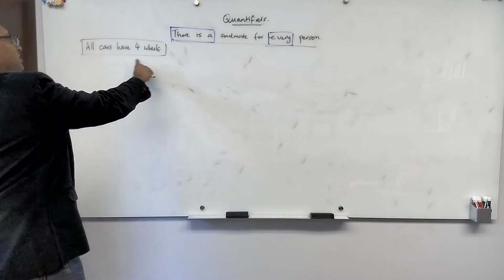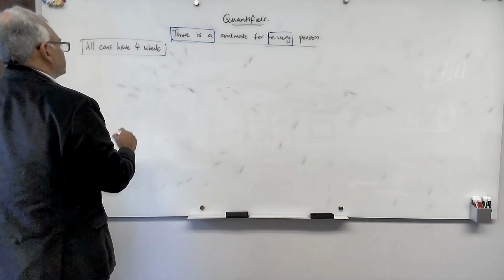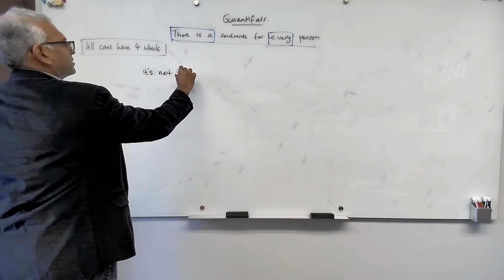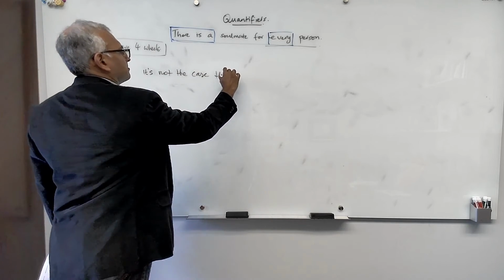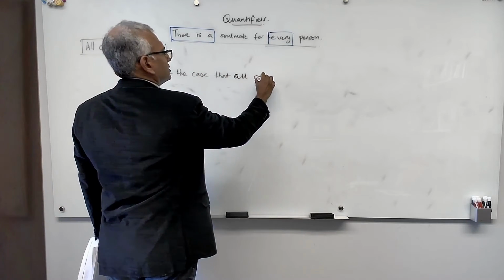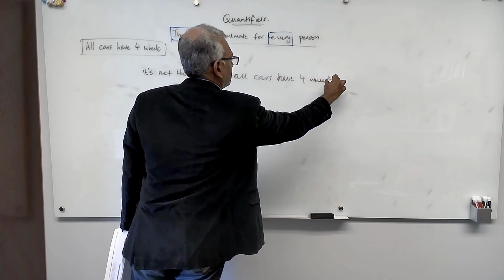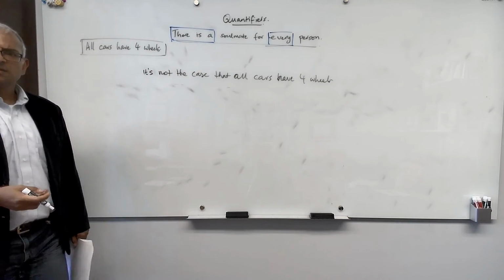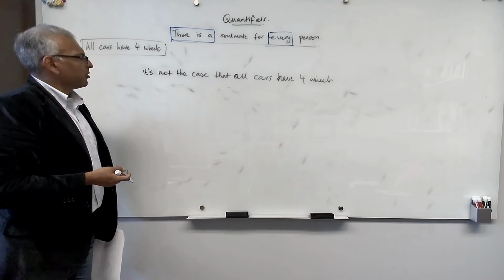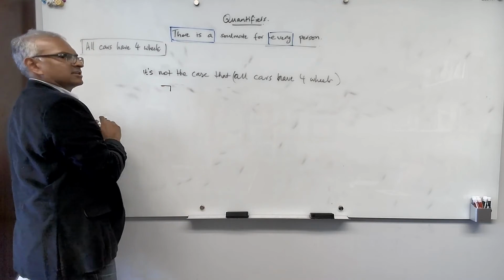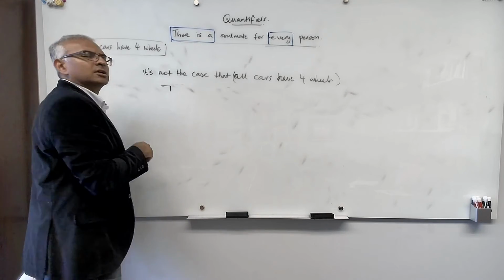Now, suppose it's not the case that all cars have four wheels. There are certainly some three-wheelers in the country where I was born. So it's not the case that all cars have four wheels. So this would be the negation; you can negate statements involving quantifiers.